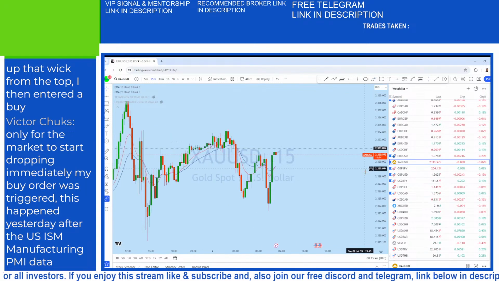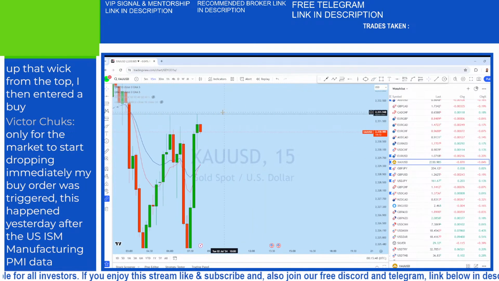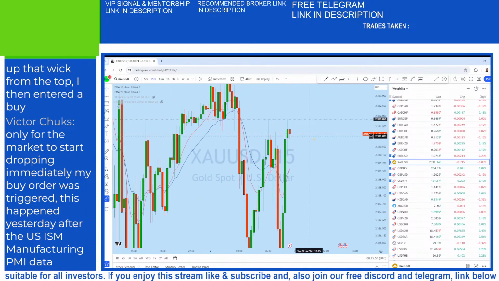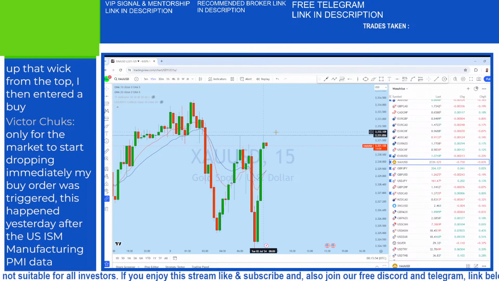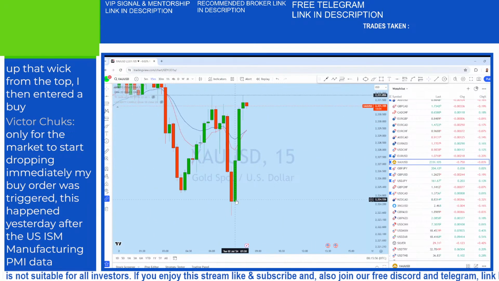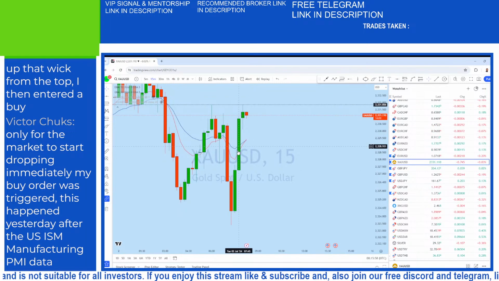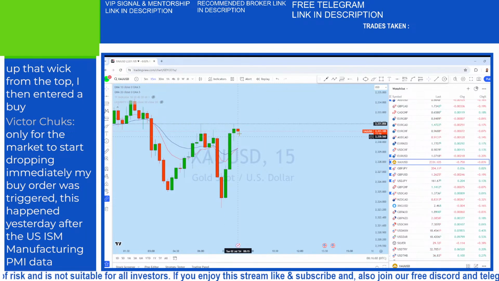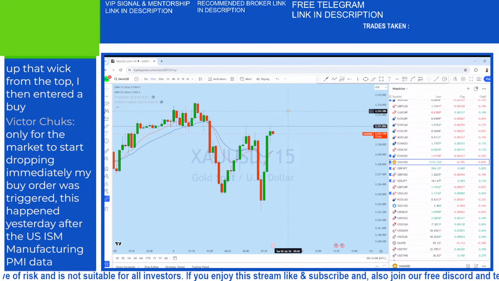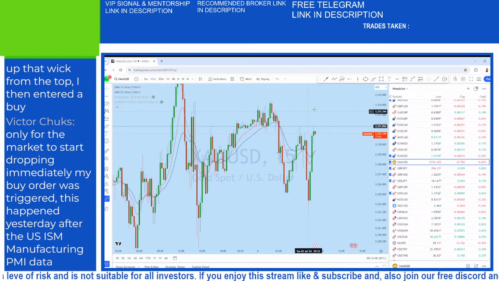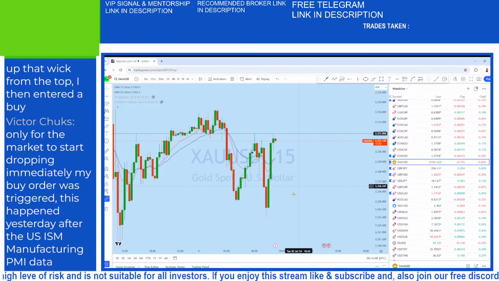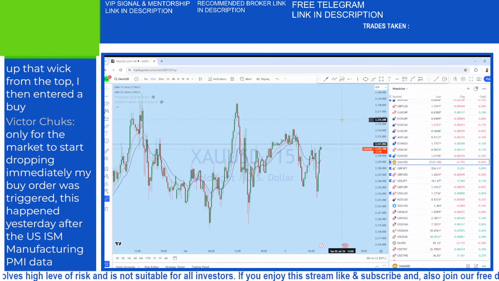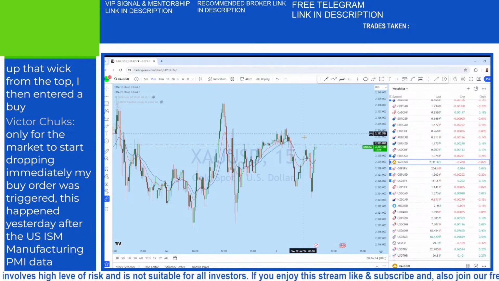So with this impulse, resistance line, and here is a bit of tricky price action because I had a trade here but it didn't work out. I think we might see now a rejection. We might see now a rejection, and again might even move completely in a sideways market.